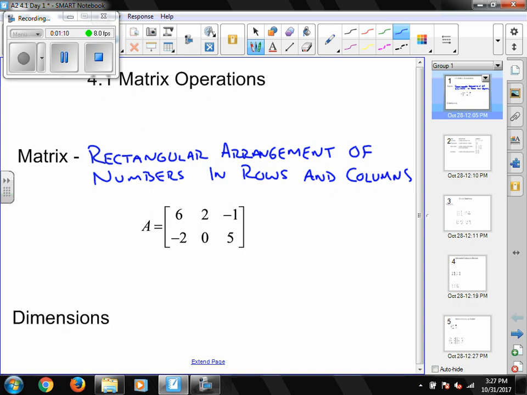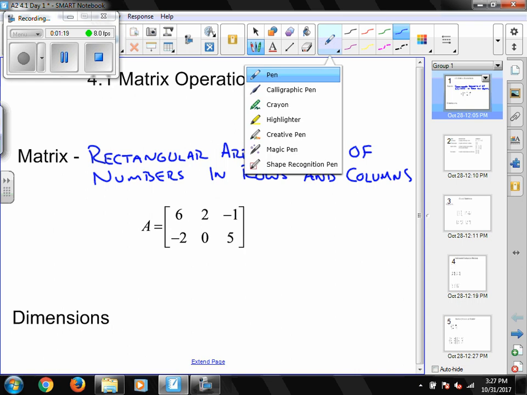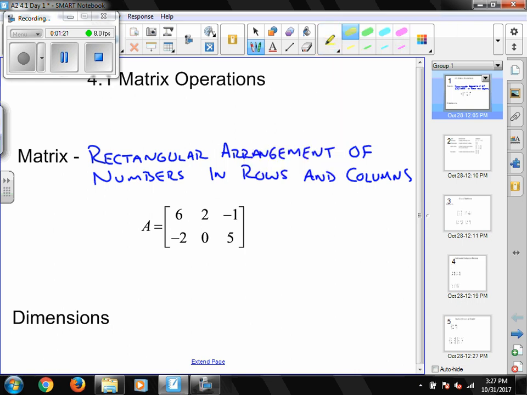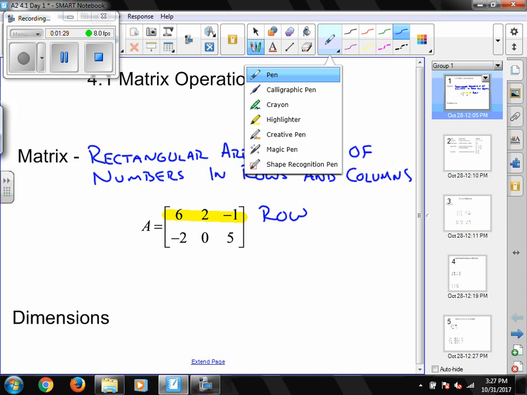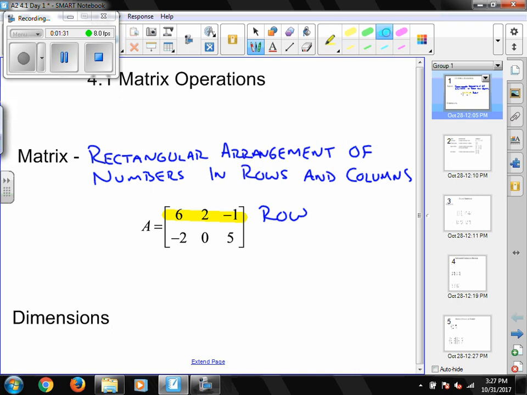This box right here in the middle of the screen that I have labeled A, that is a matrix. Just so that you guys know, this right here is what we call a row, and this is what we call a column.